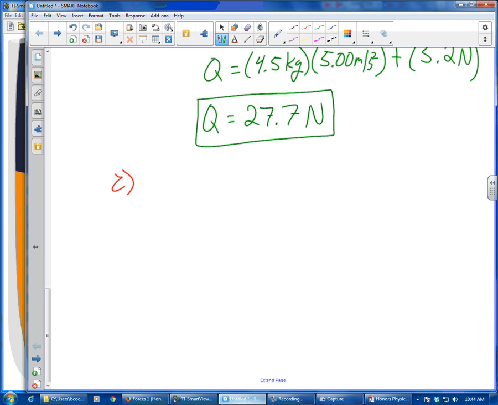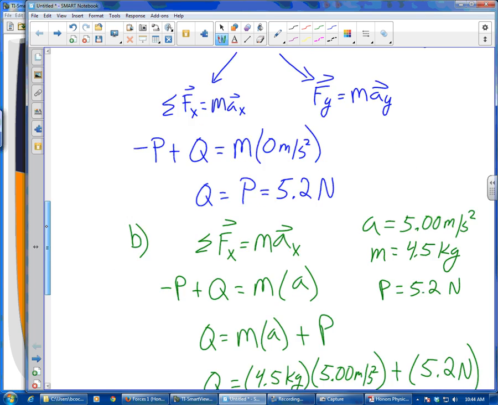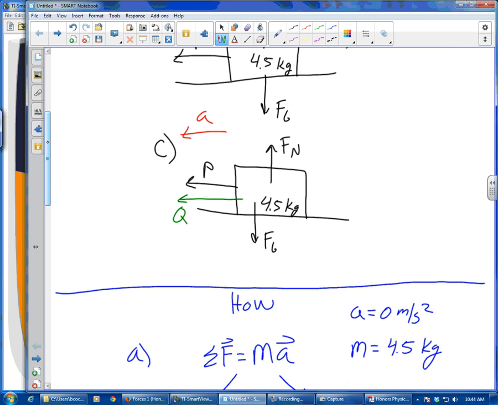What equation do you think we're going to start with? That will be the easiest answer because that's the only equation we have for this whole section. In this case now, P and Q are pointing in the negative direction, and so is my acceleration.